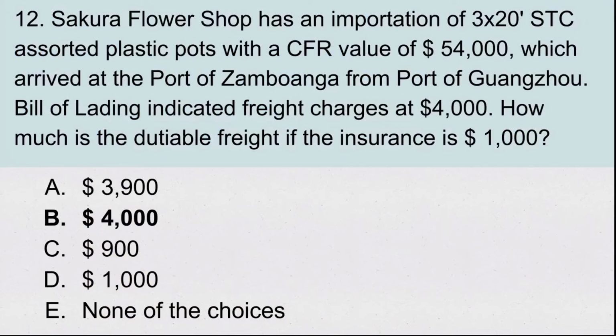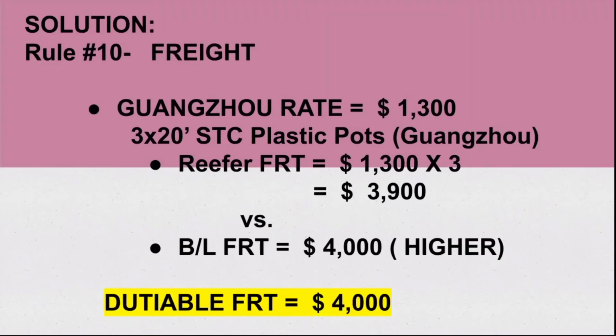Here's the solution. According to rule number 10, in freight, whichever is higher. First, the Guangzhou rate, one is $1,300, for 3x20 STC plastic pots from Guangzhou. Our reefer freight is $1,300 times 3 plastic pots, so we have $3,900, versus the bill of lading freight given in the problem, which is $4,000.